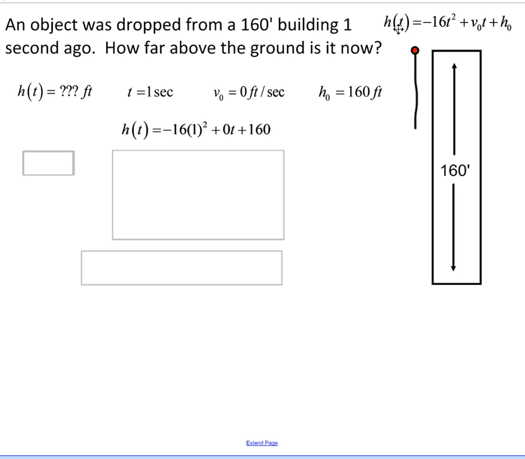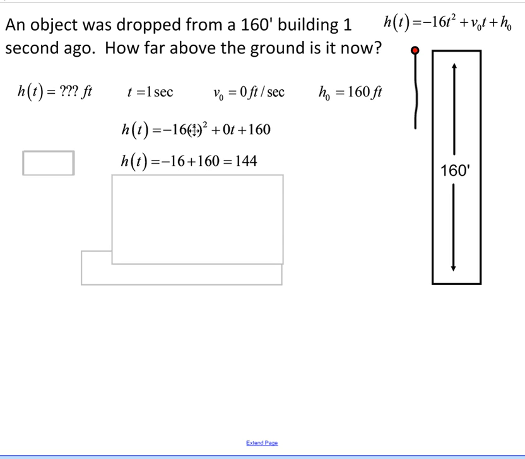So h of t, which we didn't know, so we're going to leave that as it is, is equal to negative 16, which is the acceleration due to gravity, that's just built into the equation for us, times t squared, which is 1, so times 1 squared, plus 0t, our initial velocity, we said was 0 because it was just released from rest, plus 160, because it was 160 feet above the ground at the start.